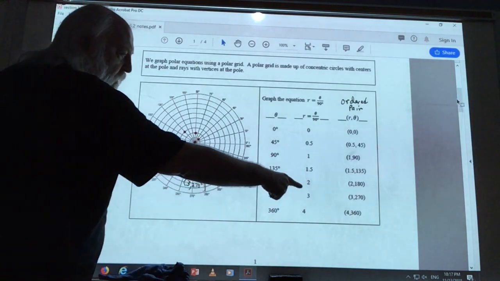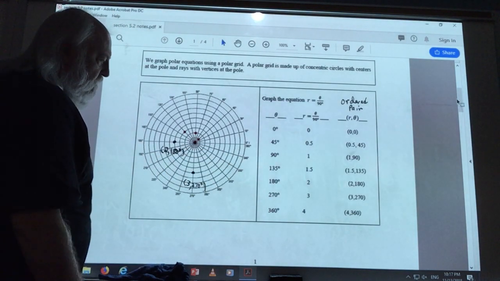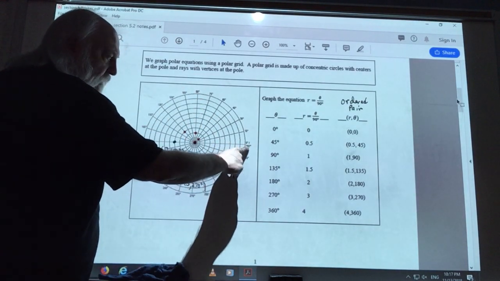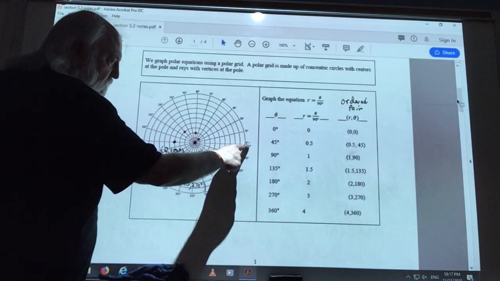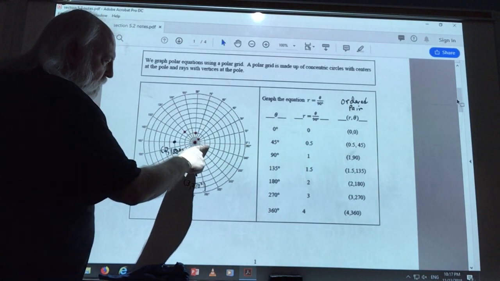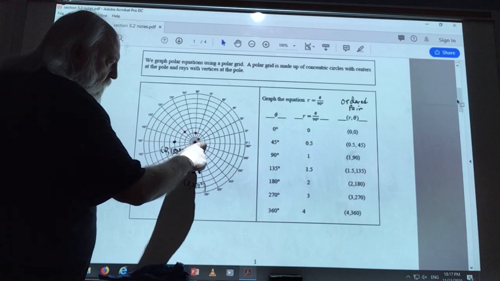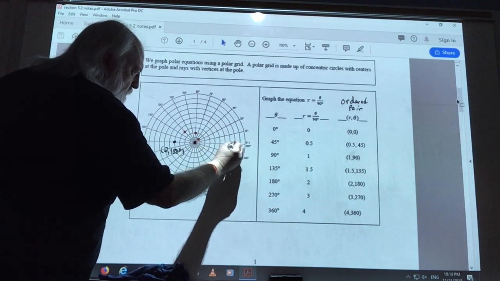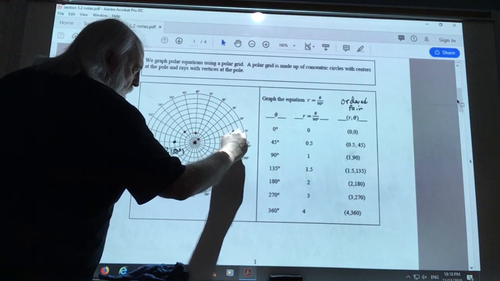And lastly, we plot (4, 360 degrees). One full revolution is 360 degrees, so this is the ray for 360 degrees, and I go out 4 units, which is 8 circles: 2, 3, 4, 5, 6, 7, 8. So here's the point (4, 360 degrees).